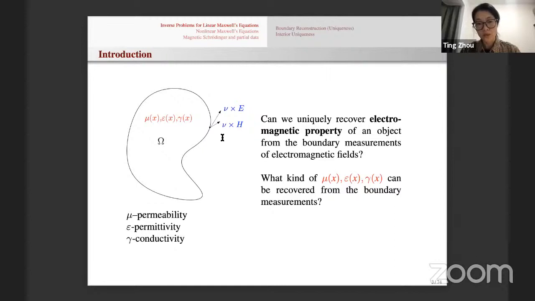But in our work, we try to relax these conditions by assuming, say, C1 parameters, and also the boundary being Lipschitz. So that is also a focus of this talk. Okay. So that essentially answers the two questions: can we uniquely recover these parameters? In short, yes. And what kind of parameters can be recovered? We consider C1 parameters and also the boundary being less smooth, like Lipschitz.